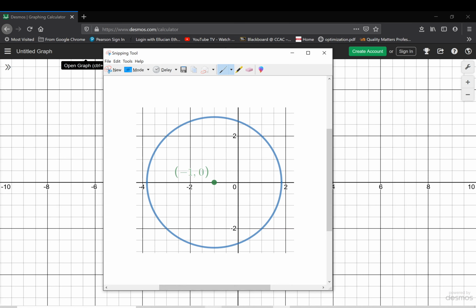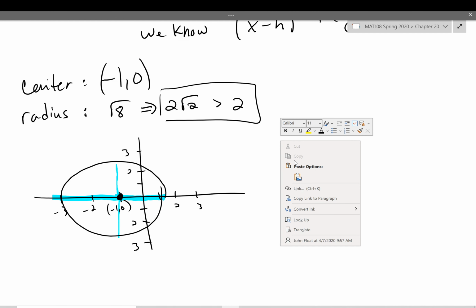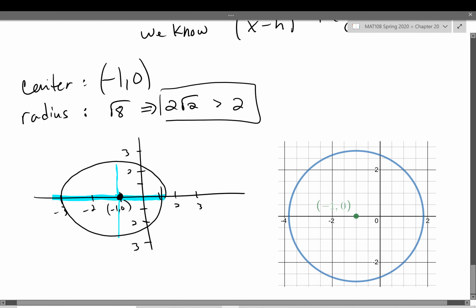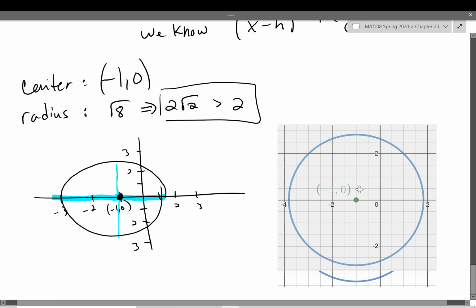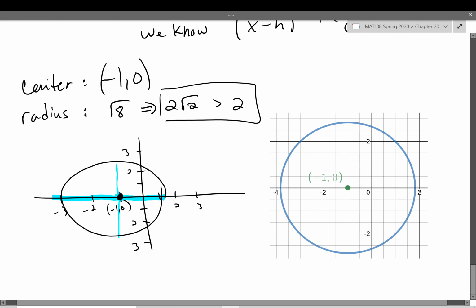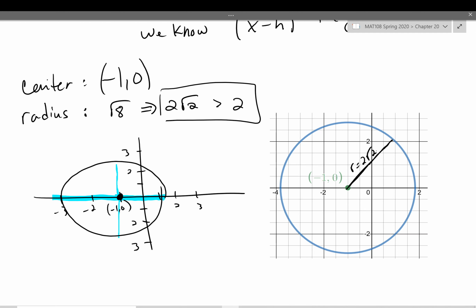There we go. I'll put it right next to my monstrosity. All right, and I will also just label the radius here. R equals 2 square root of 2. Okay? All right, so there we go. That looks pretty nice. All right? So that's the easy part. It's just having the equation and then just graphing it.